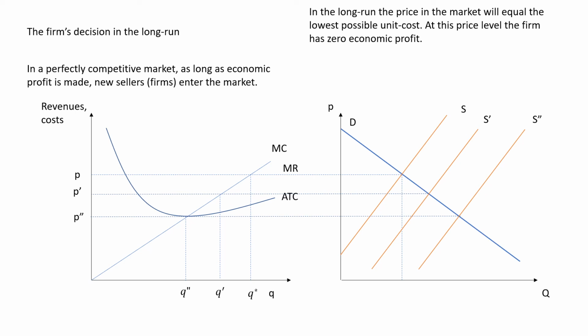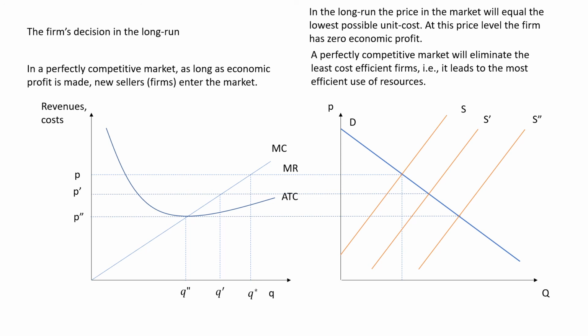But this also means that there is zero economic profit. But remember, zero economic profit is no excess profit above the standard conception of profit, the bookkeeping profit. So it doesn't mean that this firm will not survive at zero economic profit. It just means that relative to alternative firms, it will not make any excess, extraordinary profit.